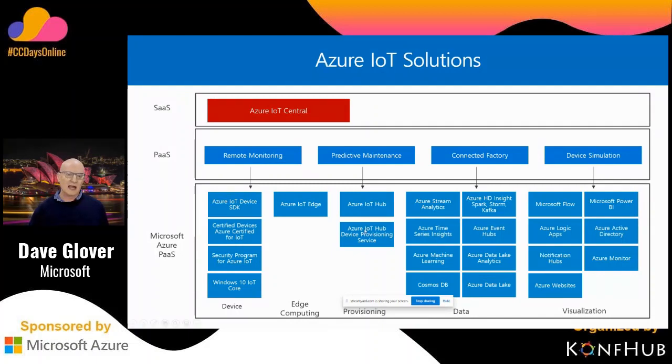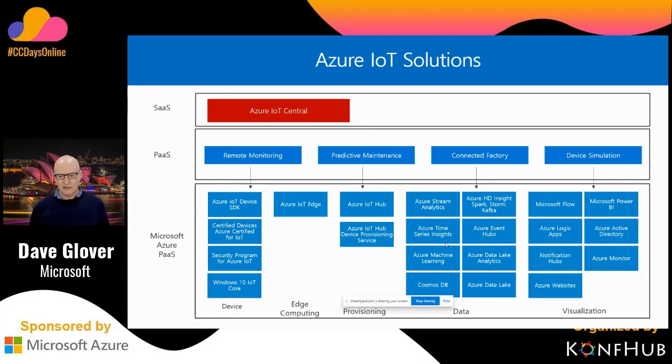The other thing that IoT Central uses is the IoT Hub Device Provisioning Service. The device provisioning service is a helper service, and it just makes it easier to connect up a device, particularly when you're doing a large number of devices. It kind of manages all the connections and the connection strings for you. And the other thing that this service uses is Azure Time Series Insights.